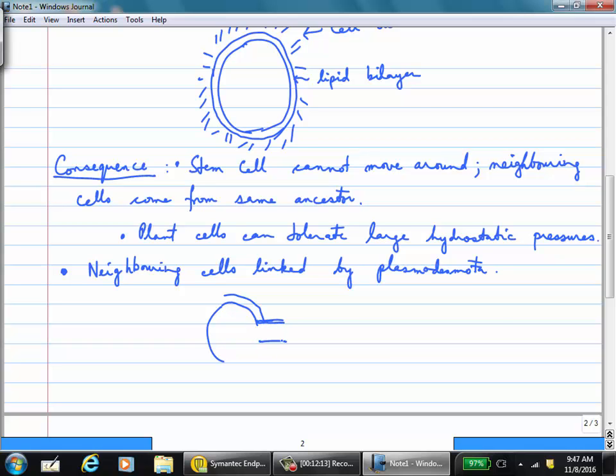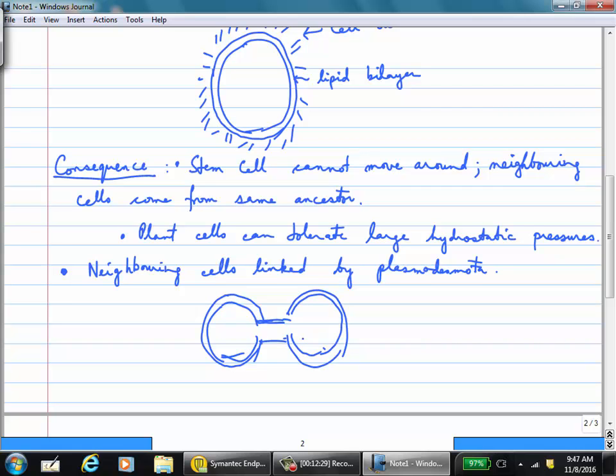Let's say this is the plasma membrane outside, but they are also linked together. Of course, this is not drawn to size. They are linked together by these channels called plasmodesmata.